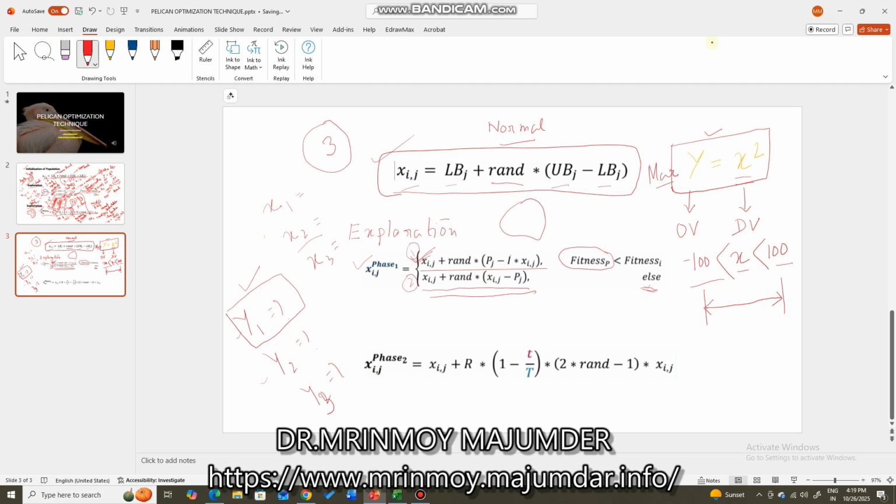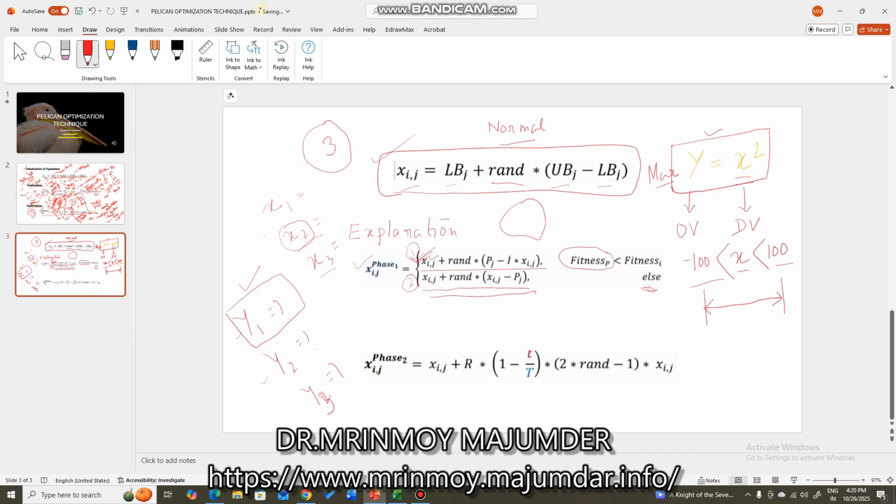And this xij is the old value of x for that specific agent for which you are comparing. That means if it is the second agent, then this is the old value of x, this one, x2. In a similar manner for y3 you will put the old value of x3 here.